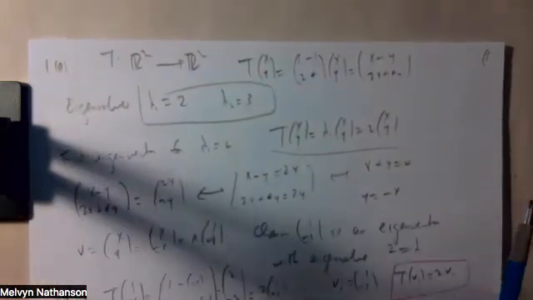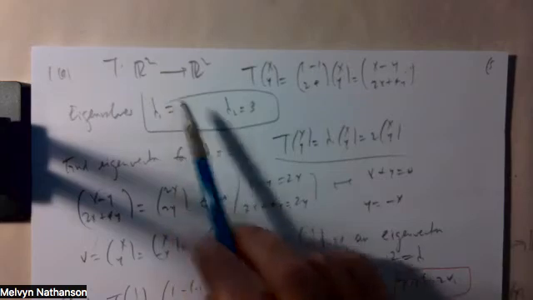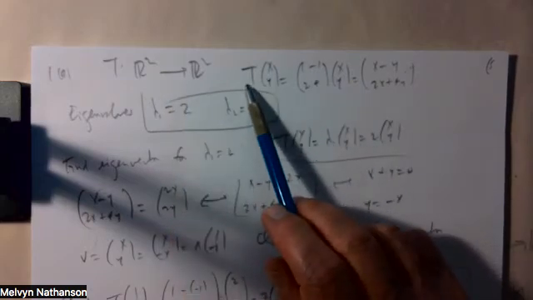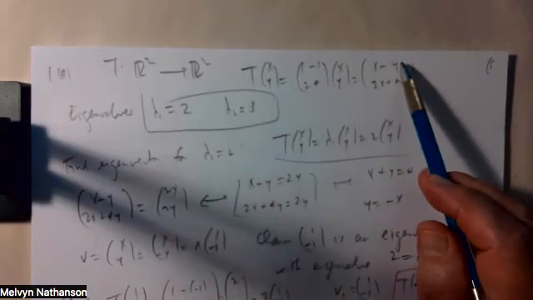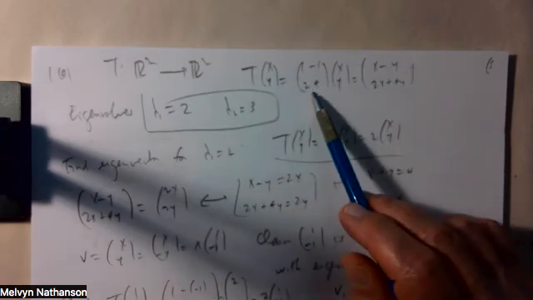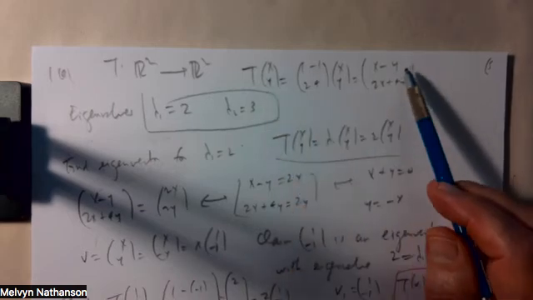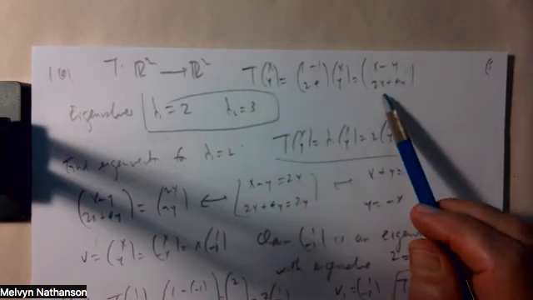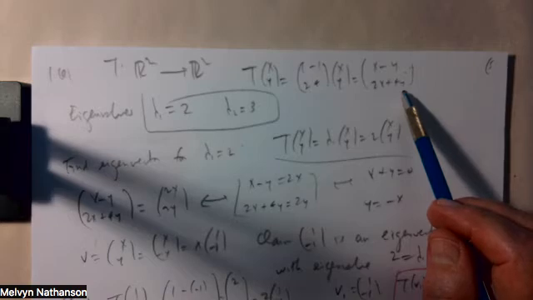Good question. So here's my linear operator from R2 to R2. If you apply the operator T to the vector xy, this is the definition. This is what we're given. T of xy is defined by this matrix. So T of the vector xy is the vector whose first coordinate is x minus y, and whose second coordinate is 2x plus 4y.